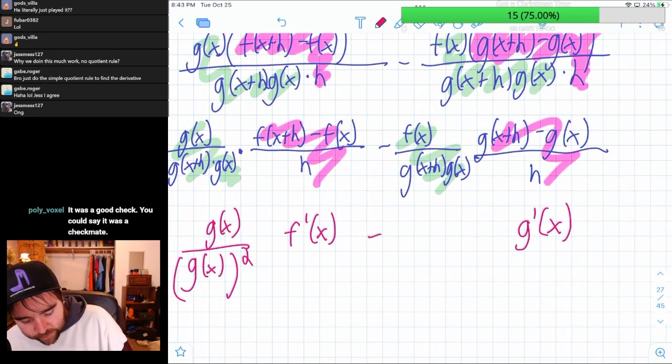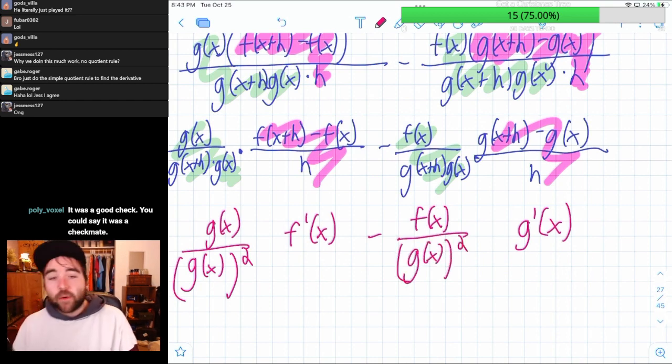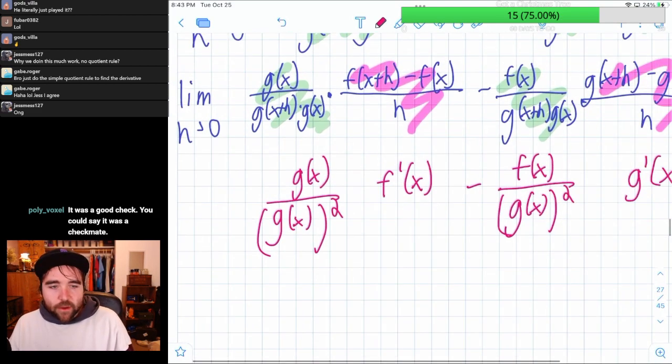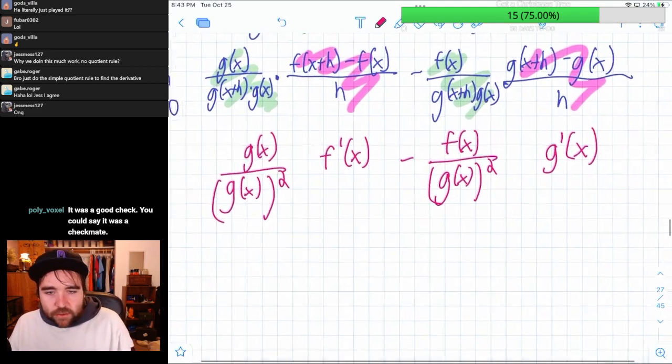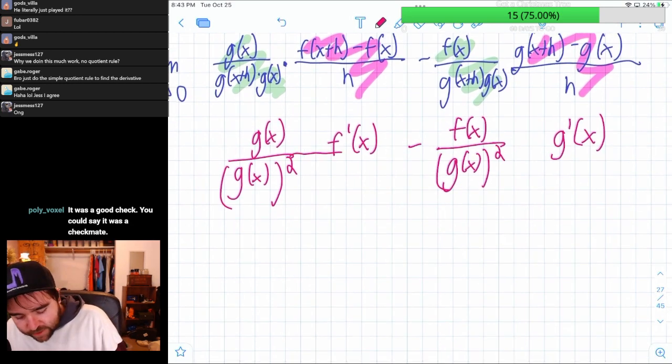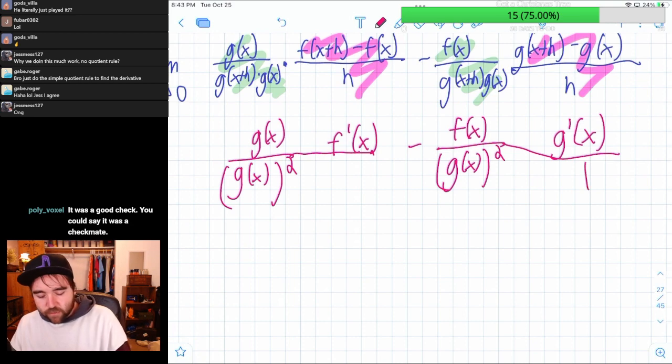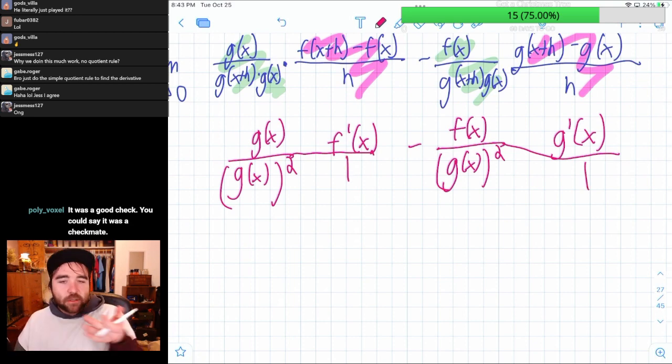And then over here, similar things. We have f of x over g of x squared. And of course, these g of x's could cancel in the beginning, but if you know what the quotient rule is, you see that we basically have it, because those are just one fraction, because that's just over 1. And now we're subtracting fractions, but they already have the same denominator.